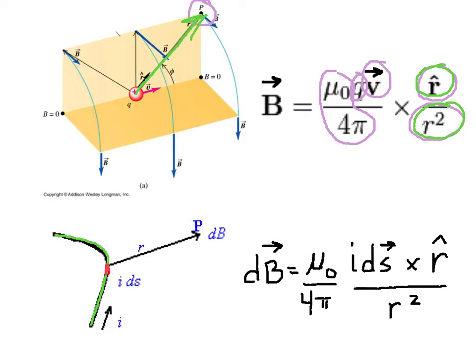One thing that they render nicely on this diagram that I borrowed is that the field is relatively weak out here, and that's for two reasons. You're relatively far away from the charge, and you have less perpendicularity between the v vector and the r vector.